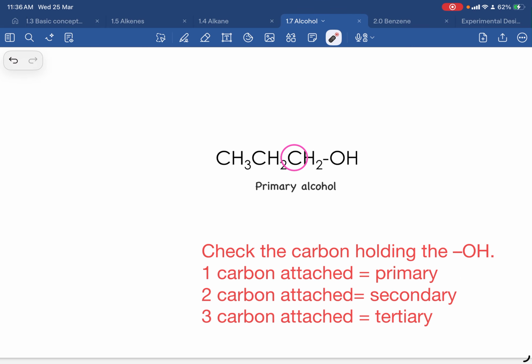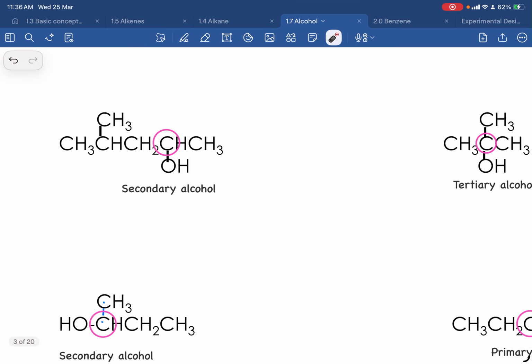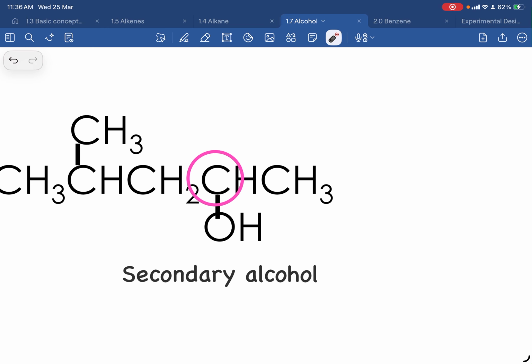Let's look at this example. This carbon is attached to this OH, so we are going to mark this carbon. This carbon is attached to 1 and 2 carbon, and it has one H here.